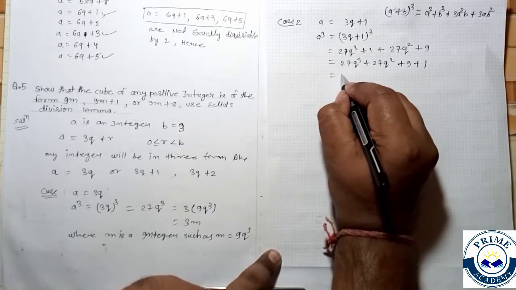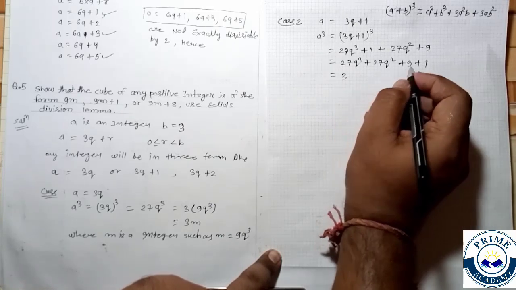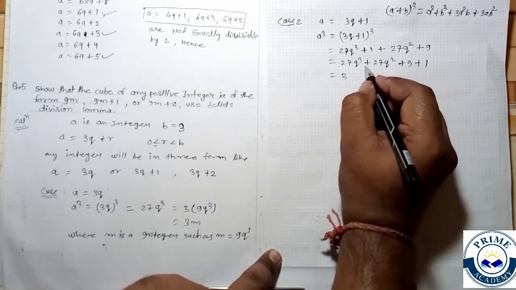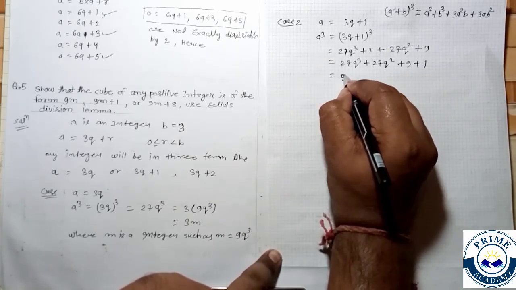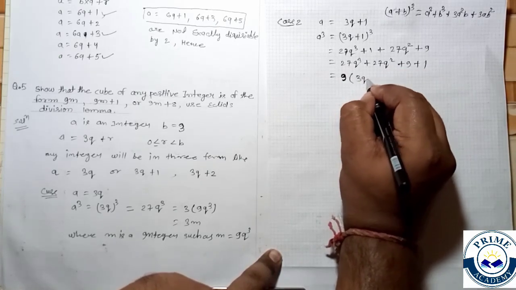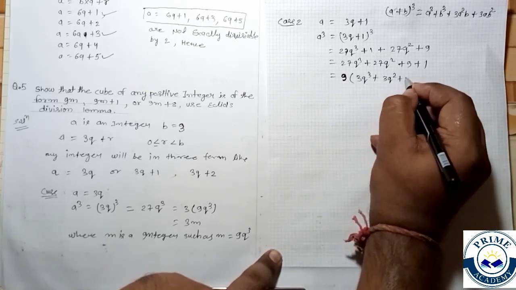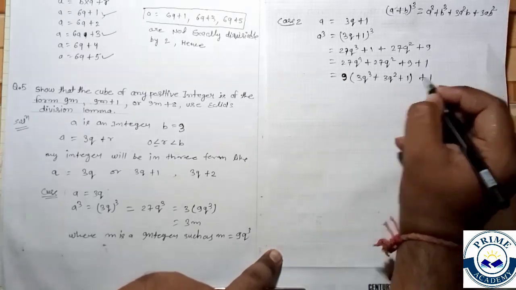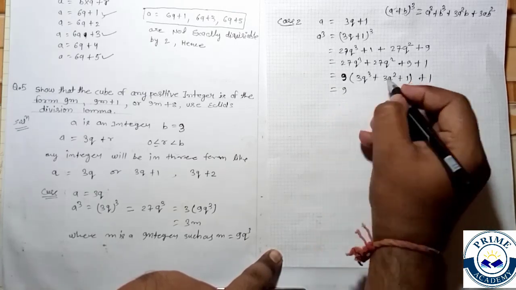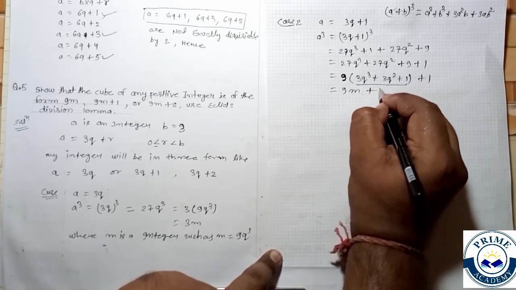What will you get? Take 9 common here in all these terms. So what you will get is 9 times (3q cube plus 3q square plus q) plus 1, where this whole term I consider as m, plus 1.